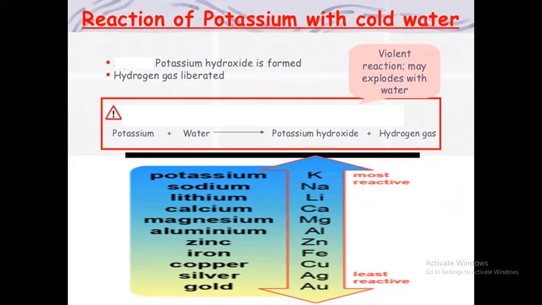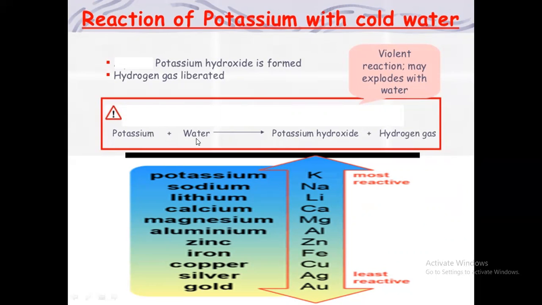So potassium is a highly reactive metal, so it reacts violently even with cold water. And it produces potassium hydroxide, and hydrogen gas is also released, right?